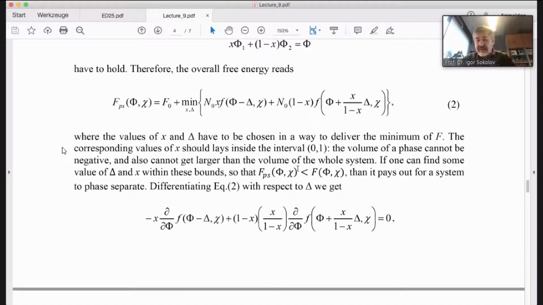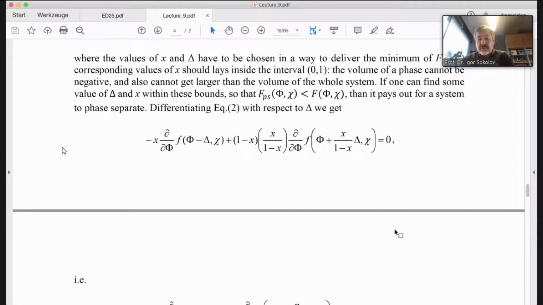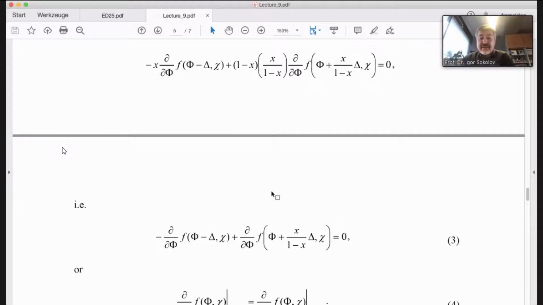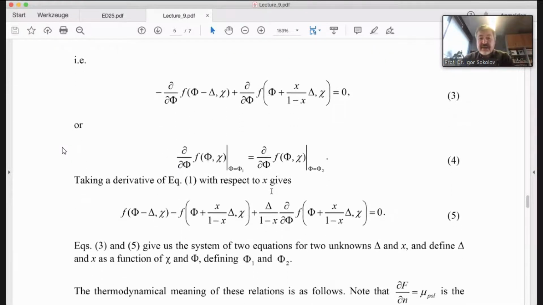So I can differentiate. Differentiating with delta gives me the phi derivatives of this function f. These are the first derivatives. I'm looking for a minimum. Put here 0. So this would be a minimum, if it exists, of course. And then the second time I differentiate over x. Here I simply rewrite.